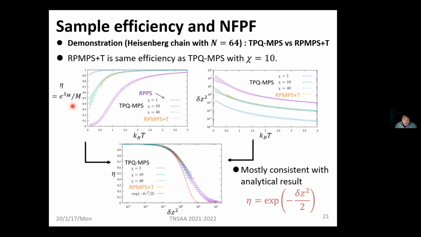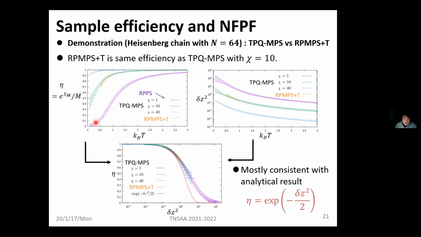For typical MPS, we chose bond dimension chi as 1, 10, 40. Chi equals 1 is RPPS by Iitaka-san, whose efficiency is low and decreases rapidly toward 0.